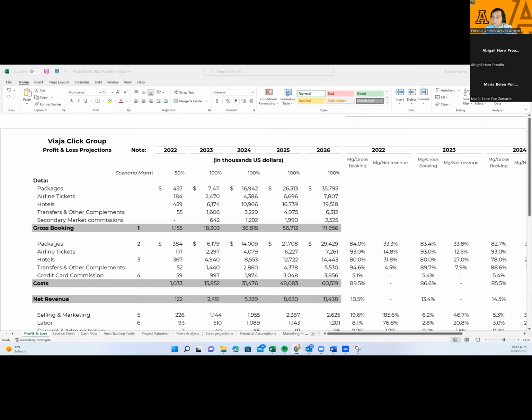Can you see it now? Yes, I'm able to see it now. It's an Excel. Yes. Okay.